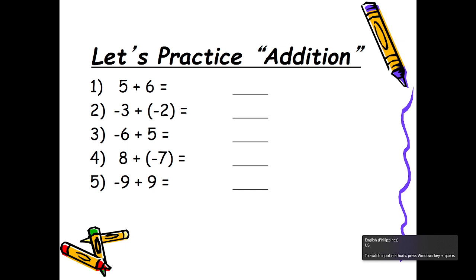Number 3 is negative 6 plus positive 5. Number 4 is positive 8 plus negative 7. And number 5 is negative 9 plus positive 9. You can pause this video and answer, and then let's have a checking afterwards.